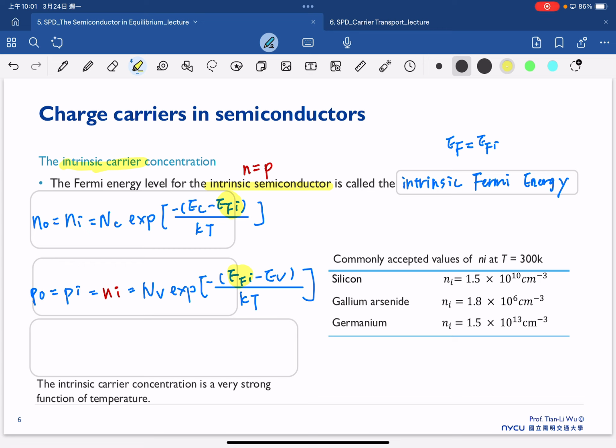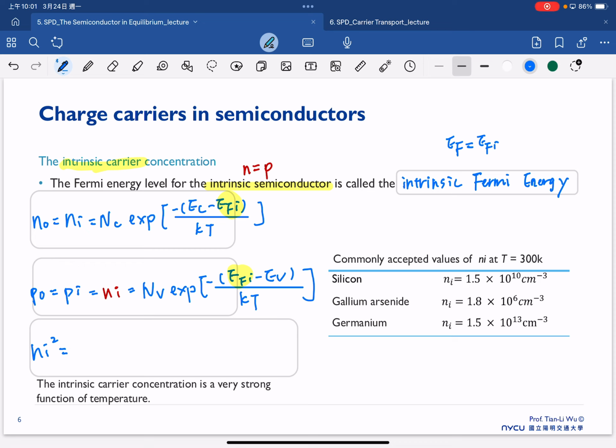But we consider this equation. Now we can try to have a further estimation if we consider Ni square.